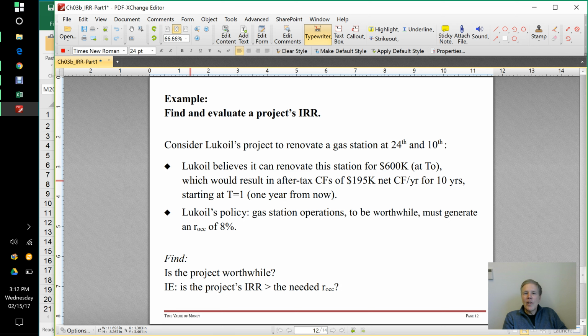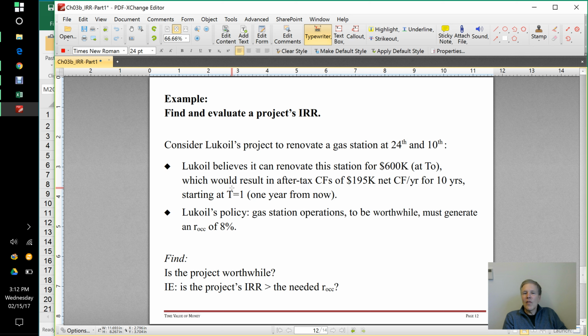And they believe that they can renovate this station for 600,000, and we'll assume for the sake of simplicity, that's all going to happen immediately at t equals 0. Lukoil has about 40 years experience in this country with various types of gas stations, so their estimates are probably pretty good.